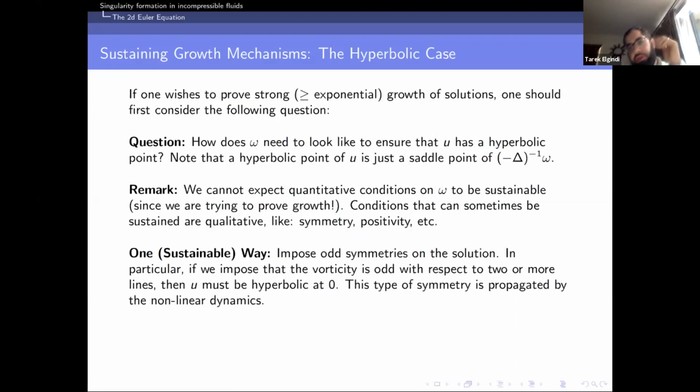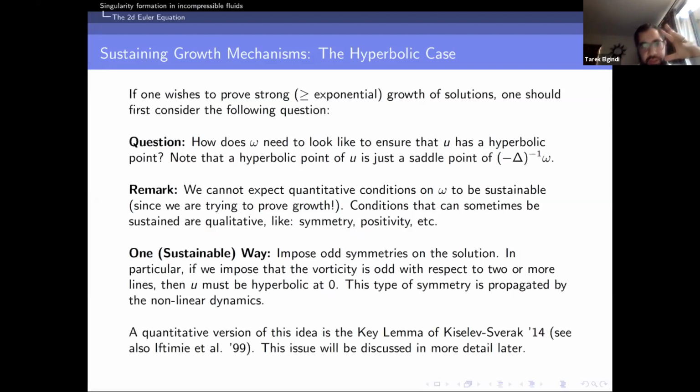One good thing about this odd symmetry is that it's propagated by the nonlinear dynamics. A quantitative version of this idea is the key lemma of Kiselev and Sverak, but I've also seen it before in work of Iftimie and collaborators from '99, and probably it even precedes that. I'm going to discuss this issue a little more later.